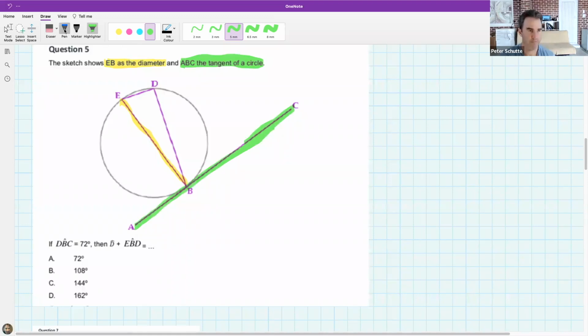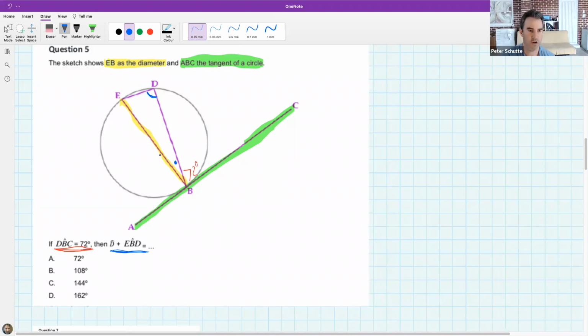If DBC is 72, where is DBC? If DBC is 72, then D plus EBD equal what? So here's D, and EBD is going to be this one here.